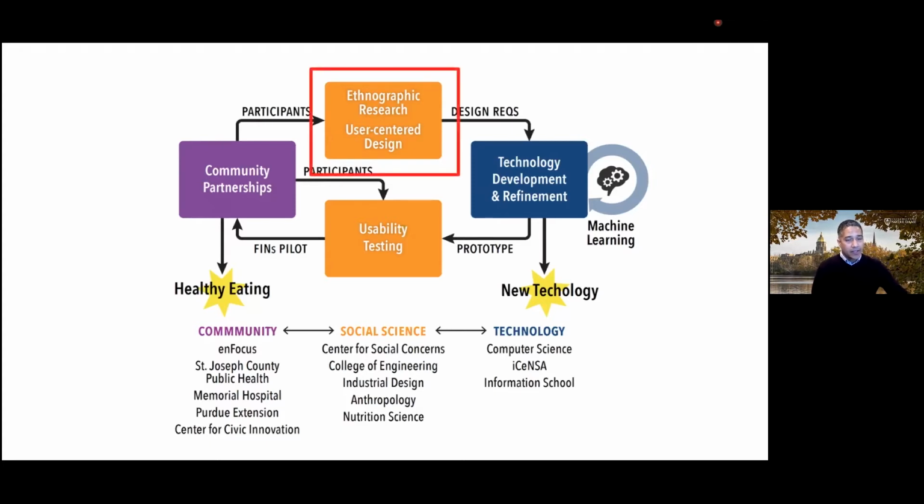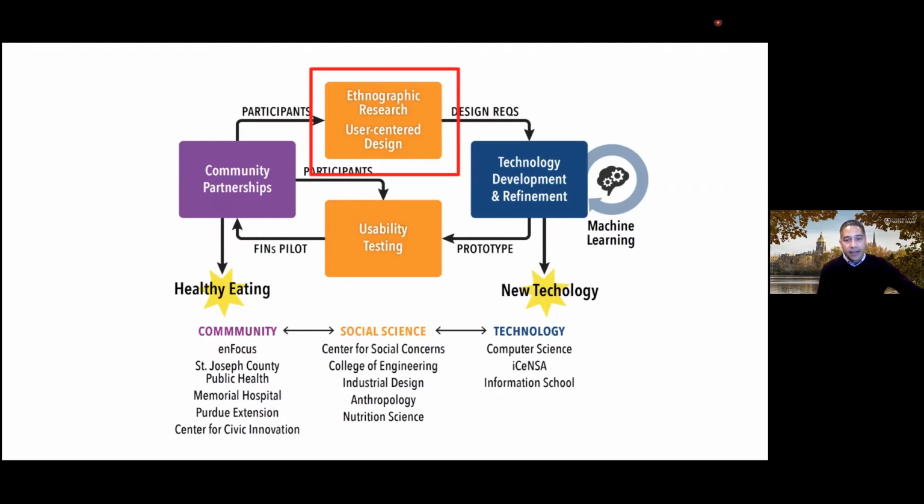Year one that we just finished included mostly the ethnographic work, and that was carried out mostly by our social science team in conjunction with our HCI researchers. And the goal was to identify the barriers to food access and the opportunities for innovation in this space.